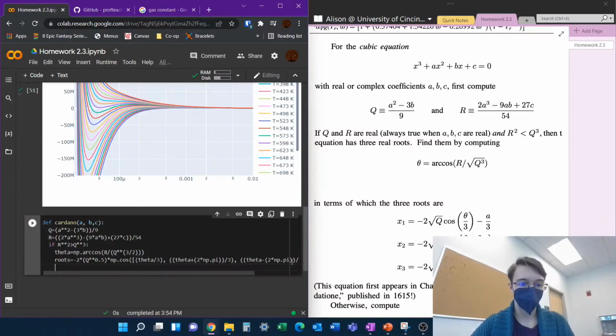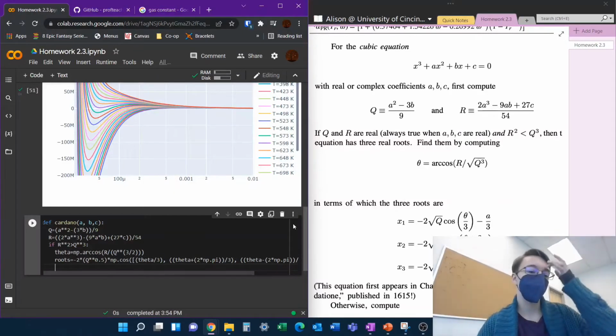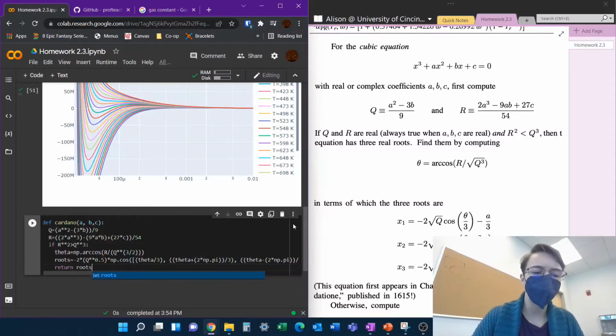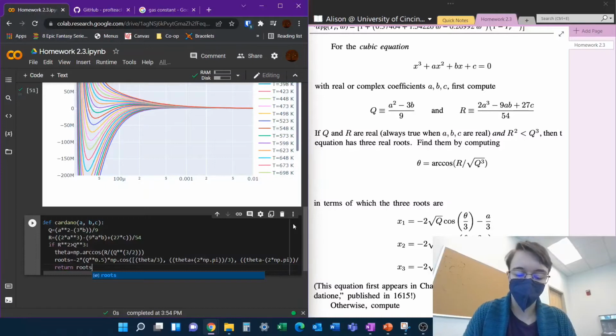Alright, so now we have our roots. If that's the case, we want to return the roots. But maybe we want to sort these roots because we want maybe the smallest one first, the largest one last, just so that they're always in the same order.